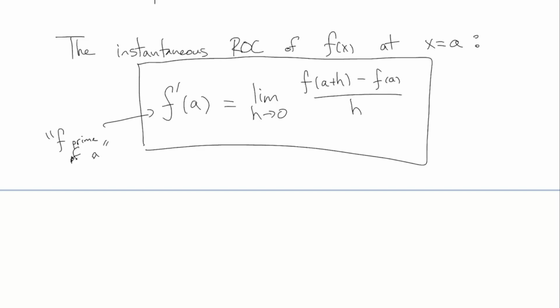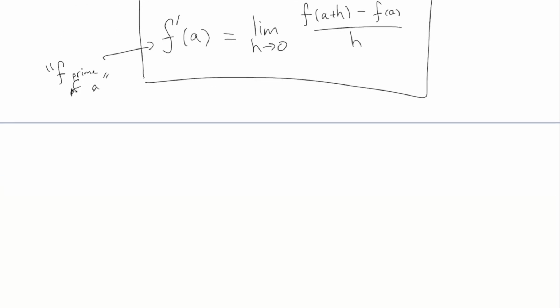Let's try some examples. The typical problem about instantaneous rate of change is like I give you a function and I tell you what the a is, and your job is to find the instantaneous rate of change when x equals a. Let's start with an easier one. There aren't ones which are completely easy.